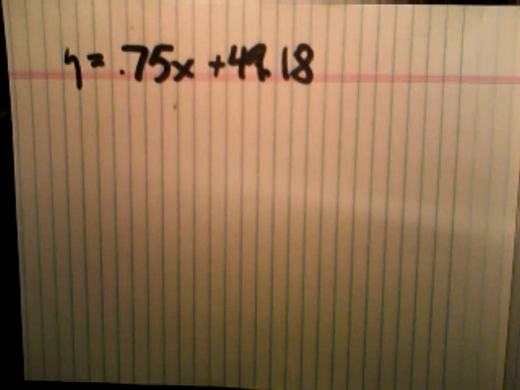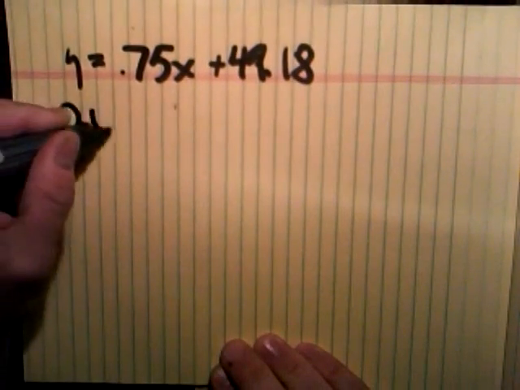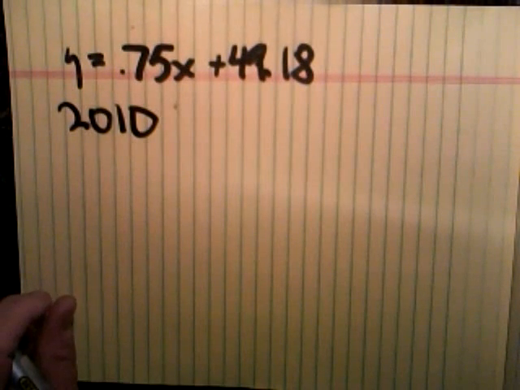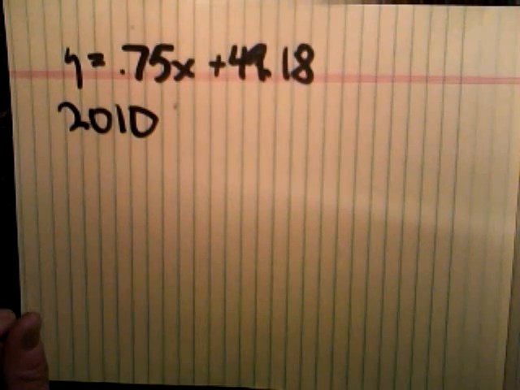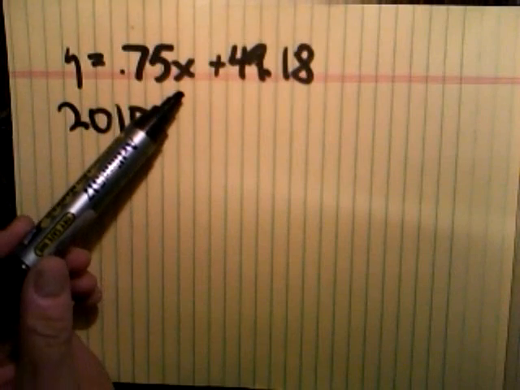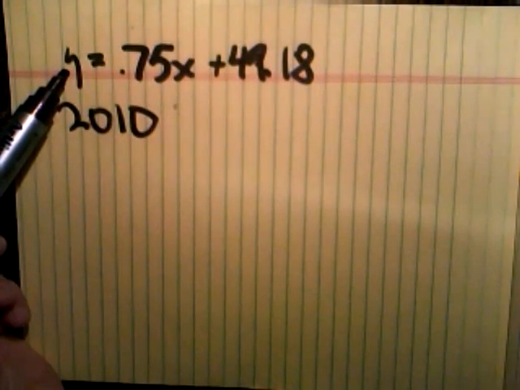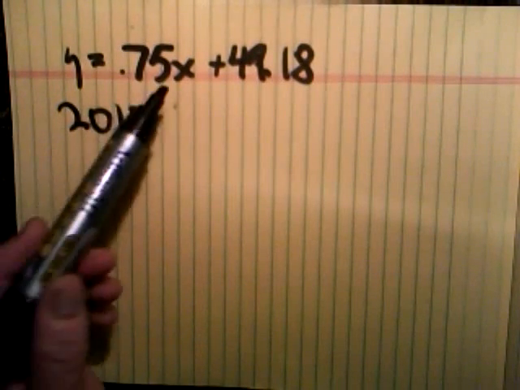So looking back at what they're asking right now, they are asking for the life expectancy in the year 2010. And if you remember from the problem, years were the x-coordinate. So we're going to be substituting somehow into here to find out what the life expectancy is over here. So what do we put in here?